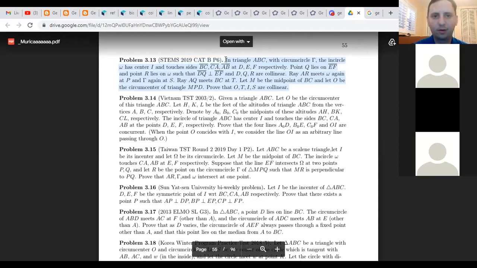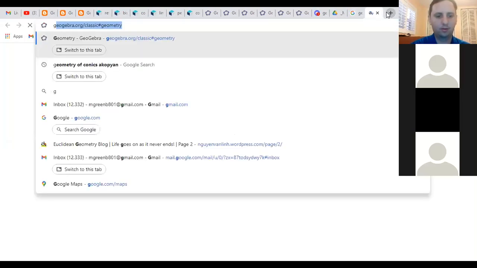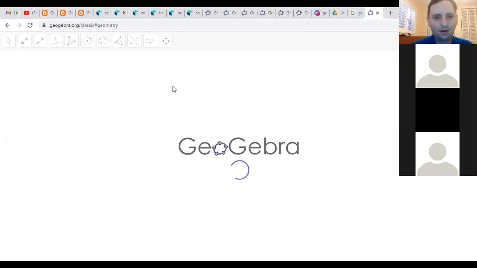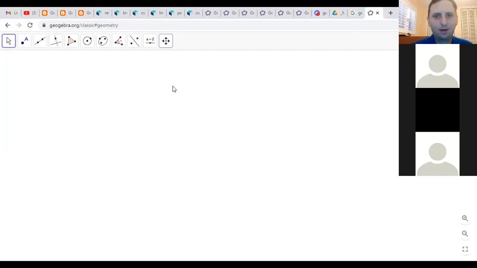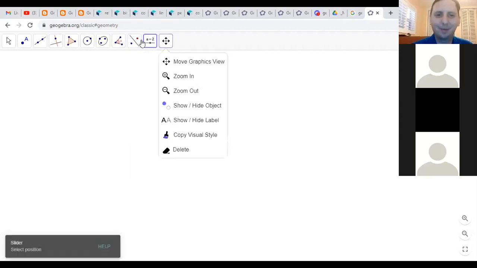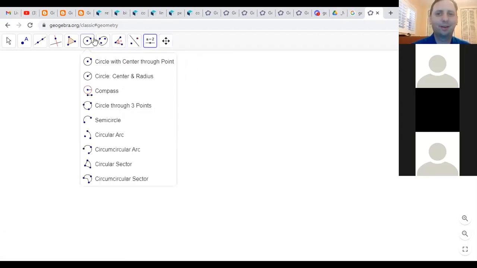Looks kind of hard. What is STEMS? I've never heard of this STEMS competition. All right. What is ETC? Oh, Encyclopedia of Triangle Centers. That might be fun. If we solve this one, then I'll try that.